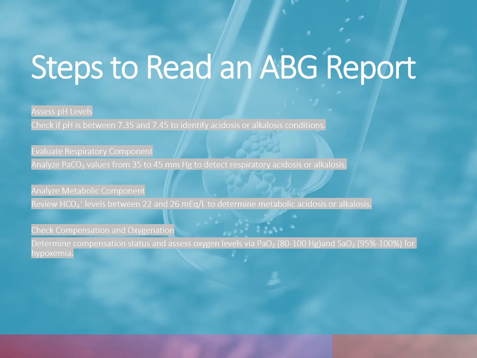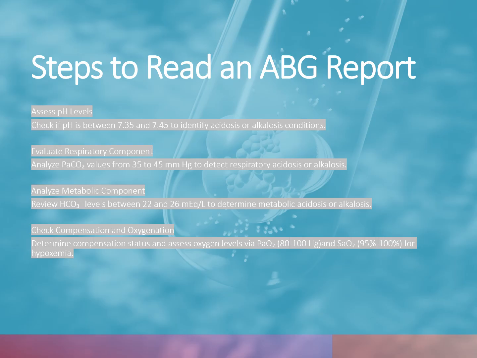The next thing you're going to do is look at the partial pressure of carbon dioxide, that's serum CO2 levels that we do with our ABGs, and that's going to reflect the respiratory component. Normal CO2 values range from 35 to 45 millimeters of mercury.